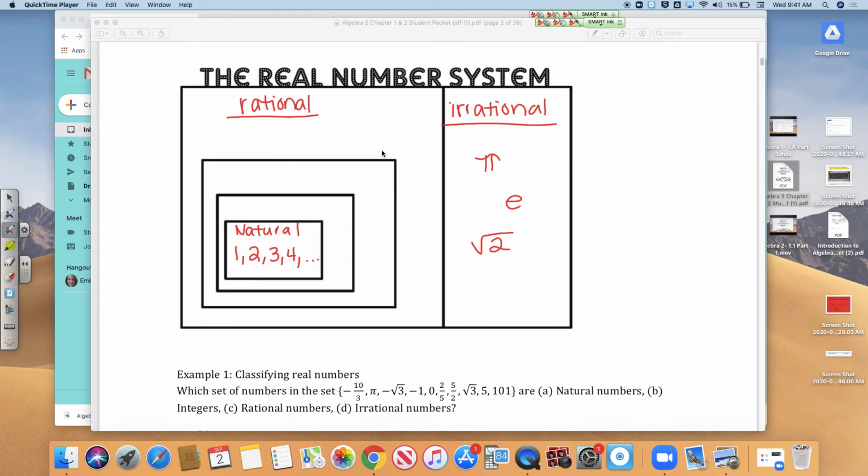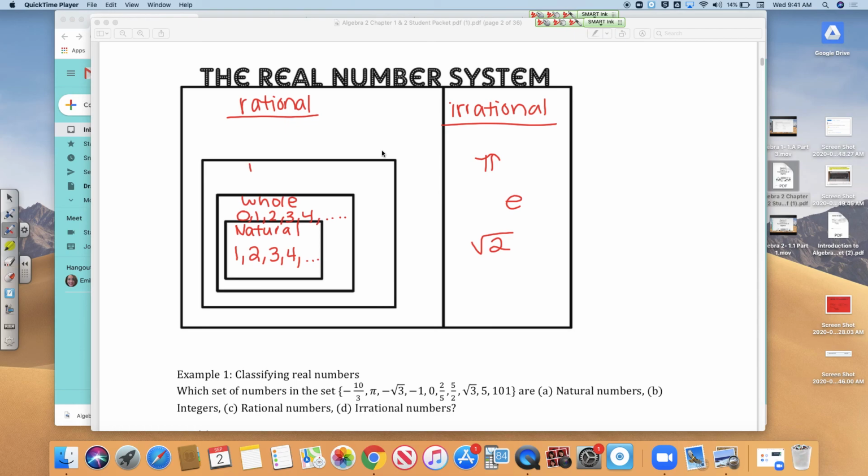The next subcategory we have, the next set of numbers we have, are whole numbers. Whole numbers are all of the natural numbers, but it includes one more number, and that number is 0. So it starts at 0 and then moves on to all of the positives and so on. Integers include all of these numbers as well.